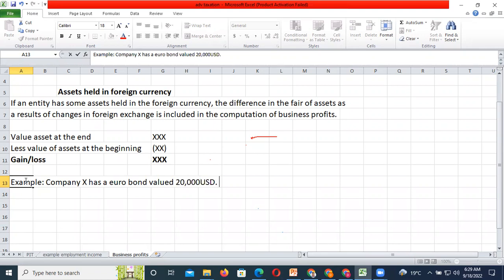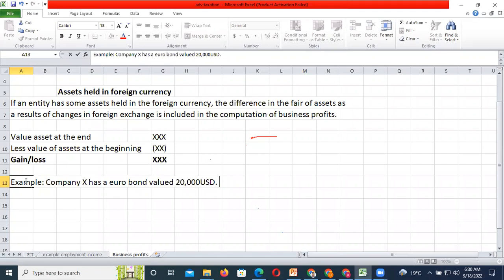I have some concerns. Yes, please. We see that the taxation of business profits is based on a financial statement or income statement, based on what the business has earned. The financial statement is presented in the local currency.